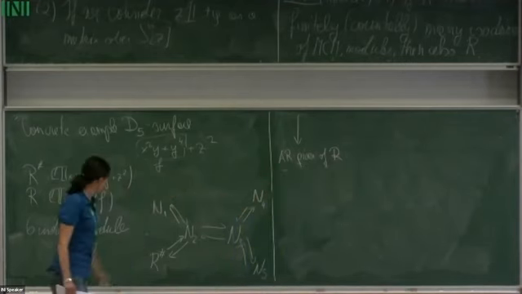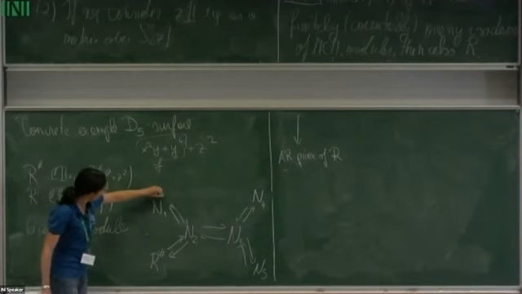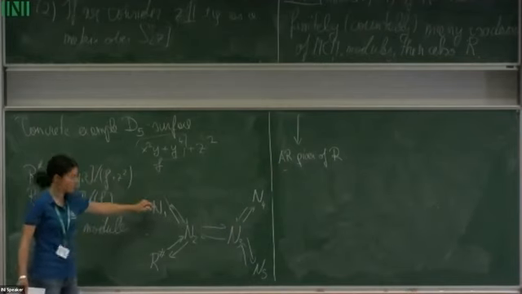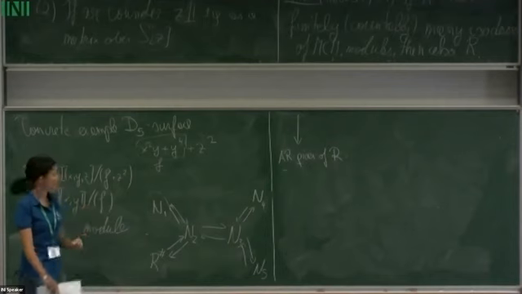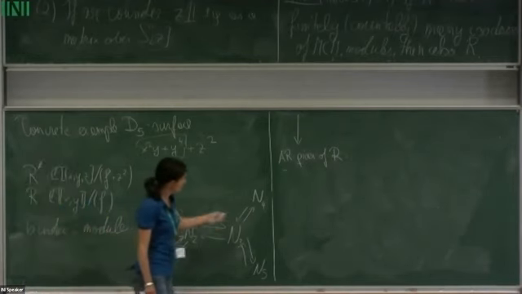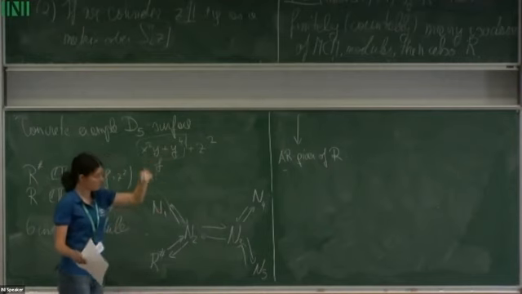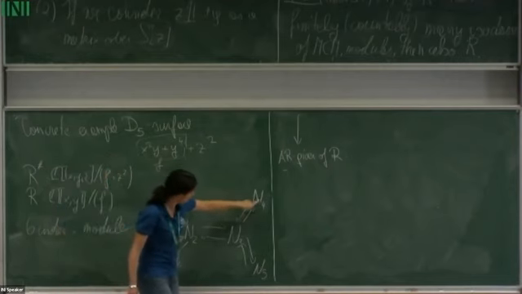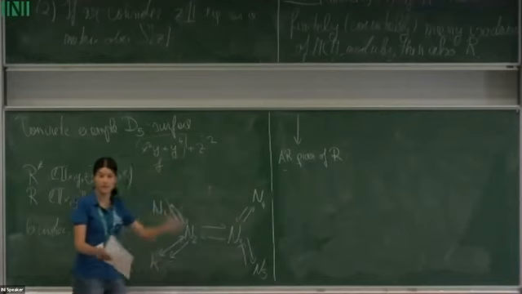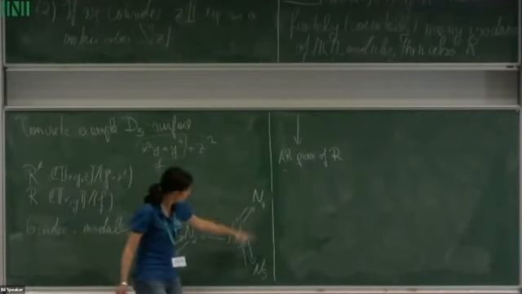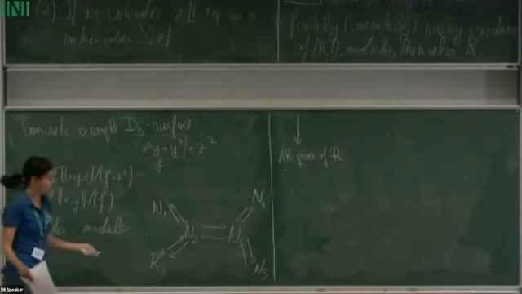If I go down, the module either stays indecomposable or it splits. And if it stays indecomposable, it could happen that if you restrict 2 representations, they give you the same representation, so the modules become isomorphic.